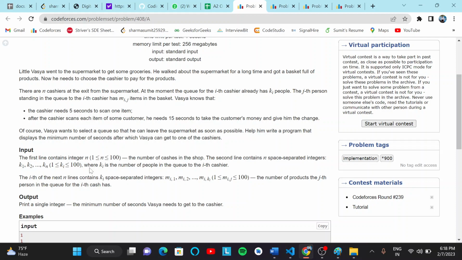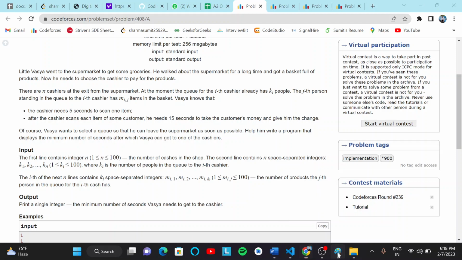The ith of the next n lines contains ki separated integers mi1, mi2, ..., miki, the number of products the jth person in the queue for the ith cashier has. Print a single integer, the minimum number of seconds Vasya needs to get to the cashier.